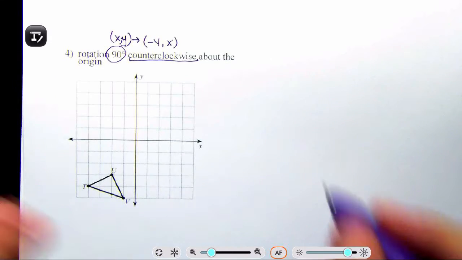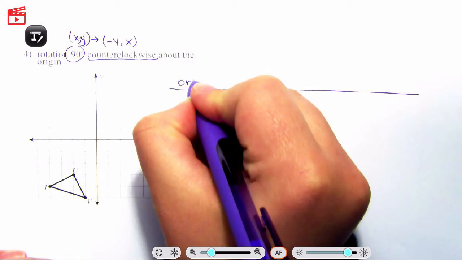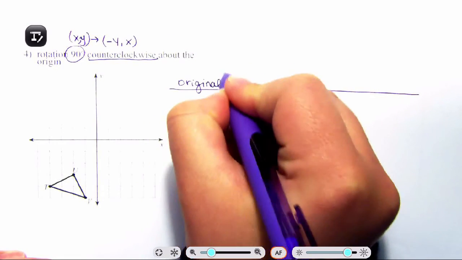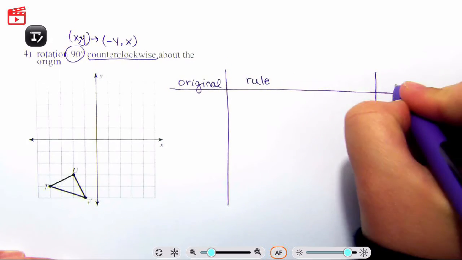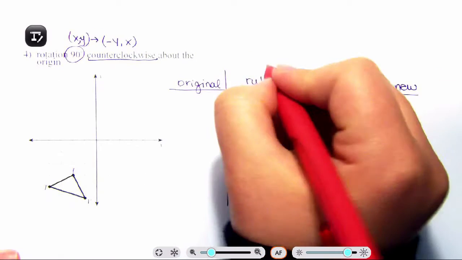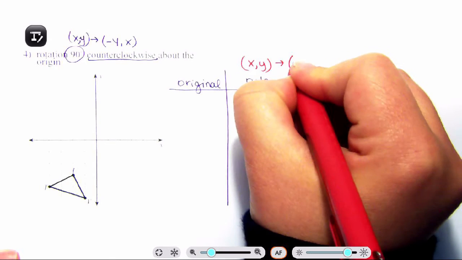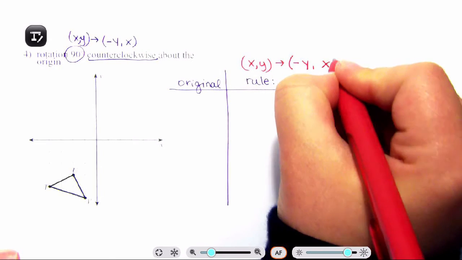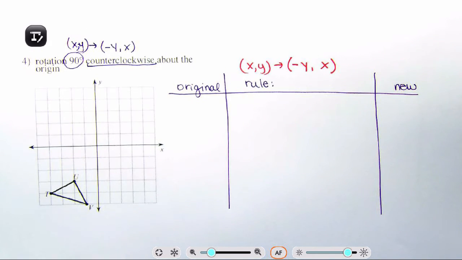So let's do a quick t-chart. I'm not even going to use my ruler this time. Here's my original points. Here's my rule. Here's my new points. So regarding the rule, x comma y goes to a negative y comma x. Remember that we are not treating negatives like a negative. We're treating the negatives like an opposite.